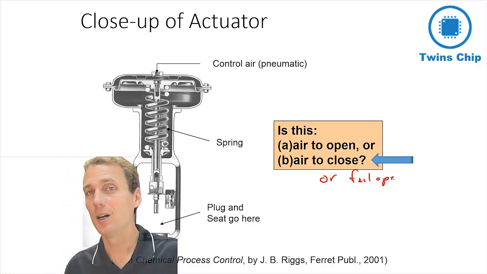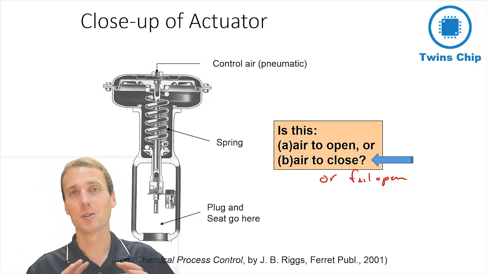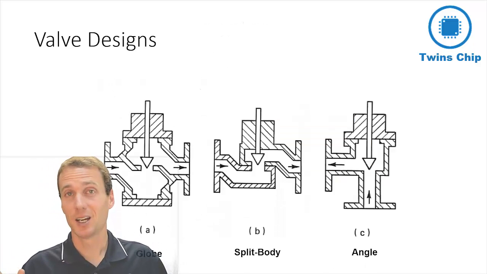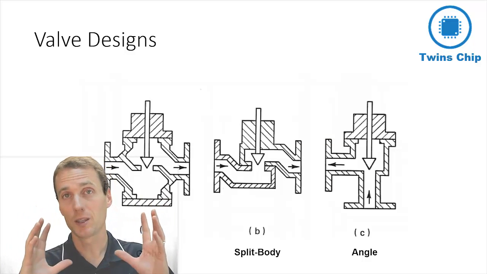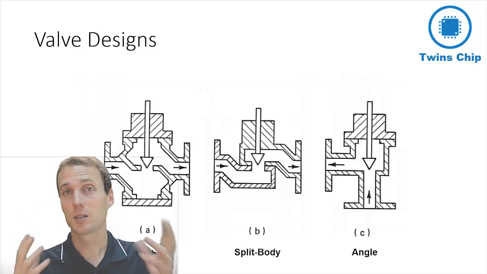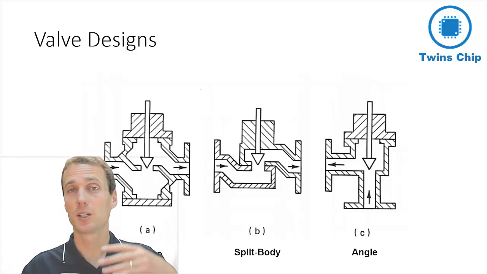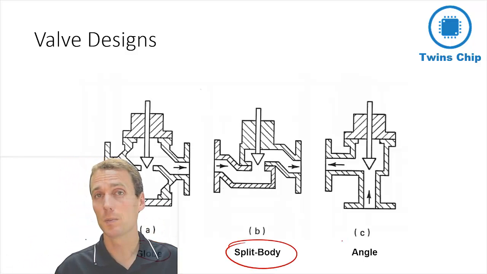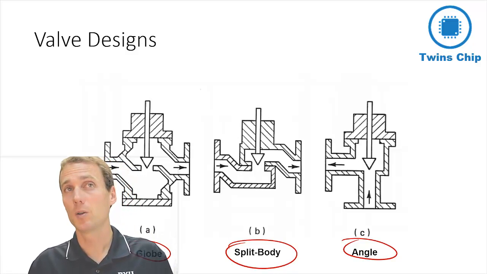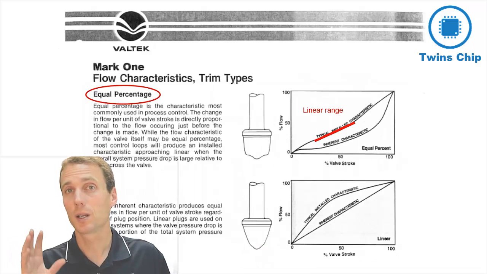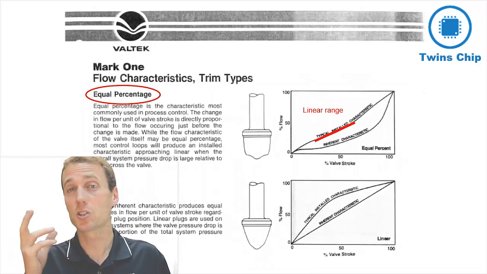Okay, so let's go to a couple different valve designs. One of the things that we can choose is the geometry within the valve, and that influences some of the losses. So here we have a globe. You might have a split body or an angle type valve. Now, also when we talk about trim, we can have the same style, but we can change the trim in the valve.